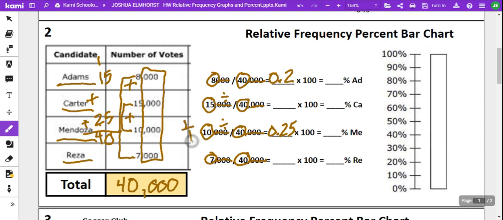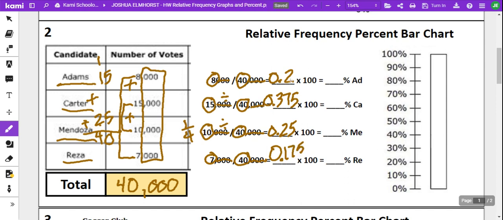That's our fraction of 1/4. And 15 divided by 40 is going to be 0.375. And then we have 7 divided by 40. And that's going to be a smaller amount, 0.175.